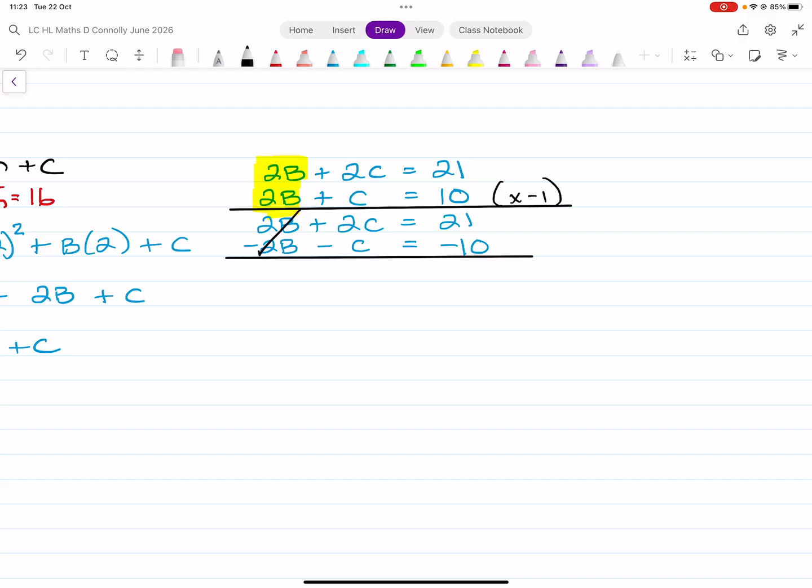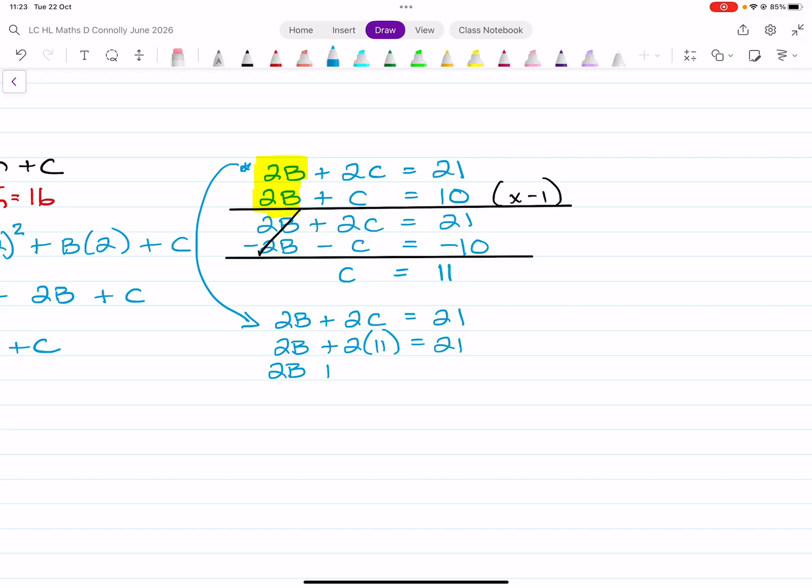Okay, now they cancel because I've got plus 2b and minus 2b, which is 0. 2c minus c is just c, and this is 11. And then I'm going to take the top line down here. So 2b plus 2c equals 21. 2b plus 2, I know c is 11, equals 21. 2b plus 22 equals 21.